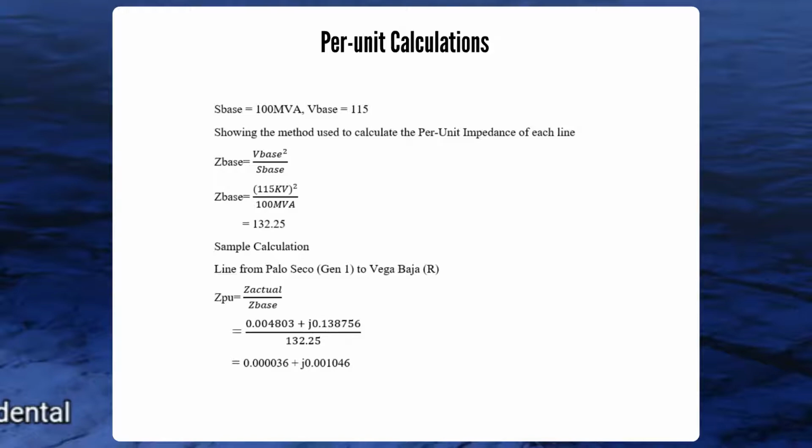We did this by squaring the base voltage and dividing it by the base power. It equated to 132.25. And the per unit impedance worked out to be 0.000036 plus imaginary number 0.001046.